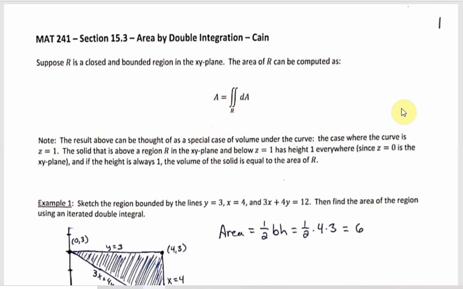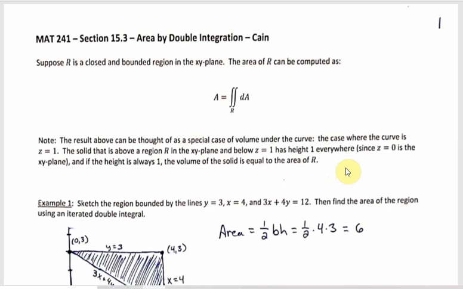And the way that I think about where this formula comes from is that it's basically a special case of the way that you would get volume under the curve. If a double integral gives you the volume under a curve and above the xy plane, then what if the curve is z equals 1?